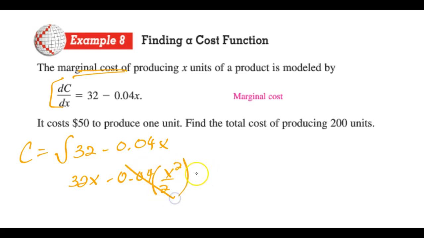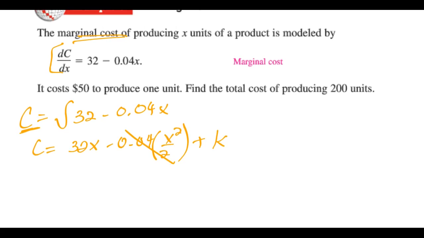I'll simplify that. Plus c. I might get this c mixed up with this c, so I don't know if it would make sense or not, but it's some constant. You might want to let the constant be k so we don't get this cost mixed up with our constant. Or you could say c sub 2. Maybe just avoid c altogether because c stands for cost this time.